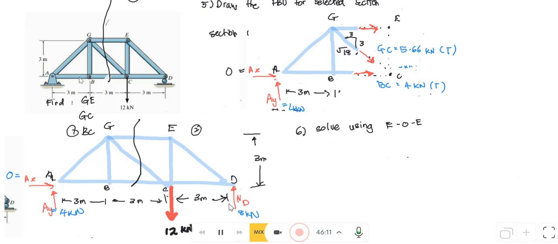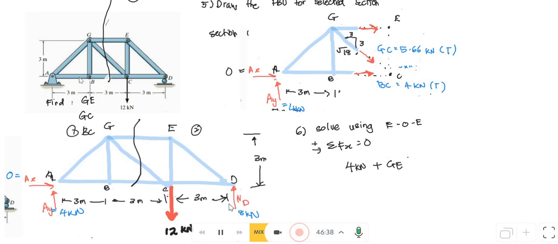Alright, so we can find GE by using the summation of Fx equal to 0. We have BC. It's 4 kilonewton in tension, so it will be positive. Then for GE, we assume it's tension, so we put positive GE.